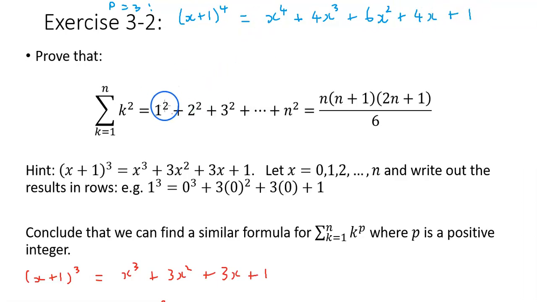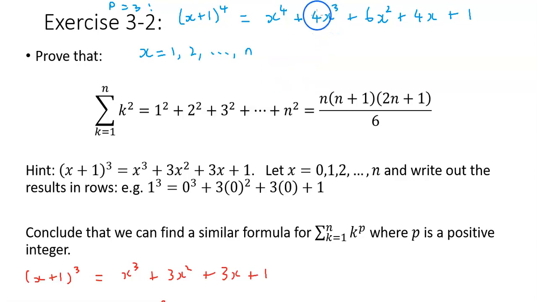And then if we use the exact same trick that we used in the last one, notice that if we take x equals 1, 2, all the way up to n, then all of these x plus 1 to the fourths will cancel with all the other ones when we go ahead and we add all the rows together.